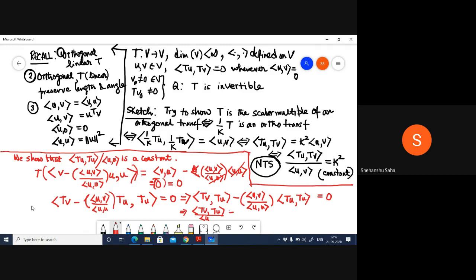Sorry guys, ignore the denominator. Okay, so what I can do is write this out, correct, simple algebra, right?